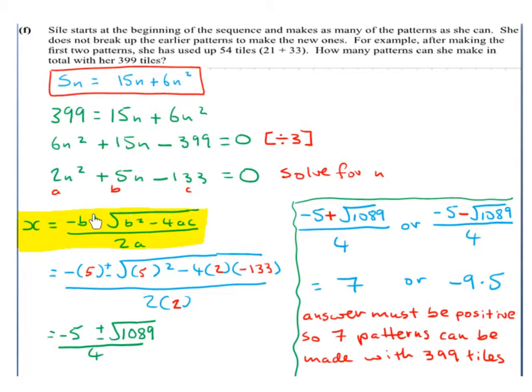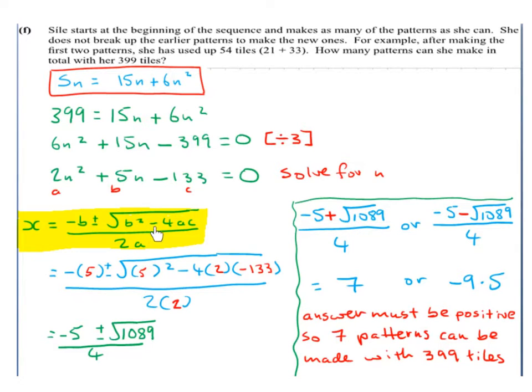Then we bring down the plus minus, and then we have the square root. And then the b squared becomes bracket 5 bracket squared. Very, very important to use brackets here, because if this had happened to be a minus, then you would have ended up with a minus answer, and that's not what you want. So we have bracket 5 bracket squared, because remember the b is equal to 5. You do not have an n in here.